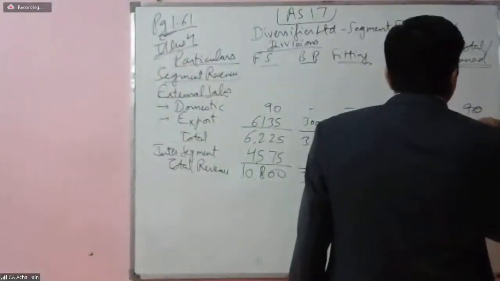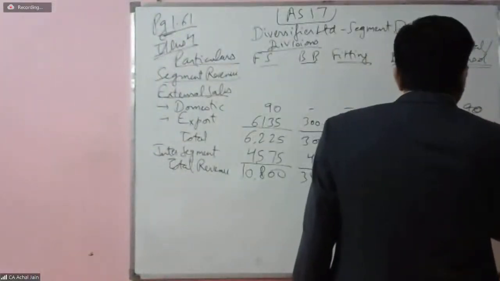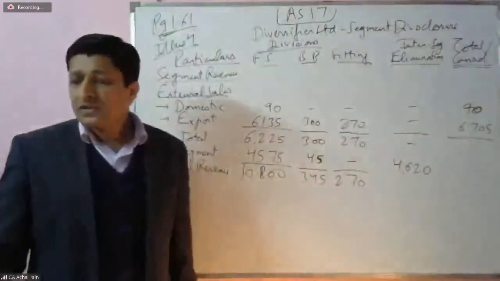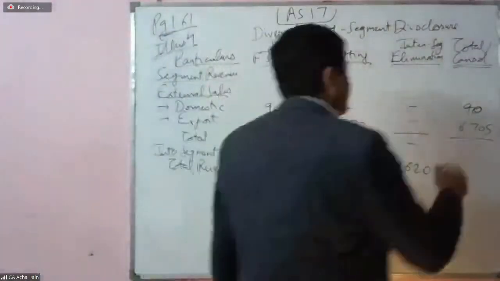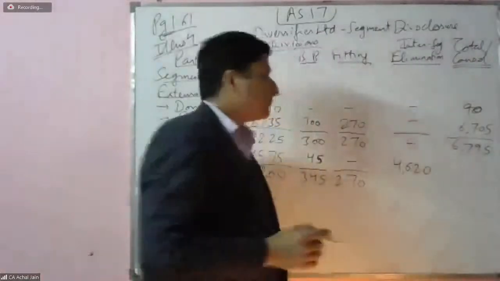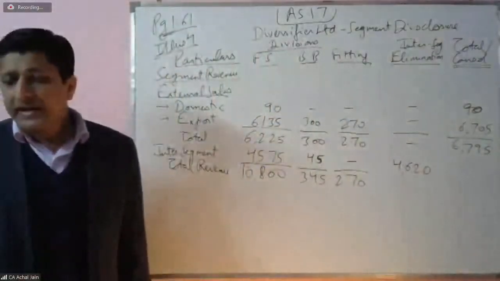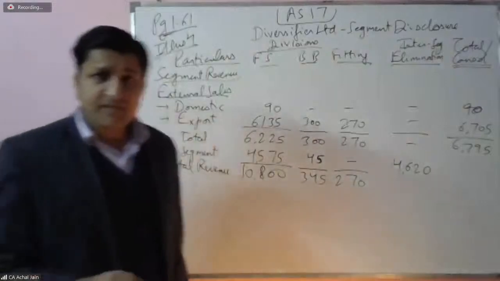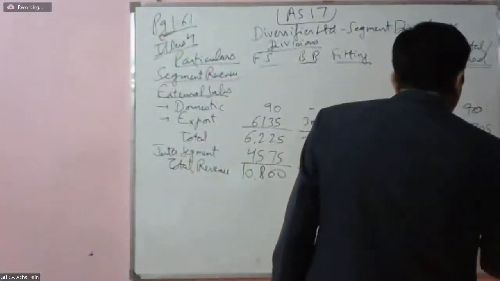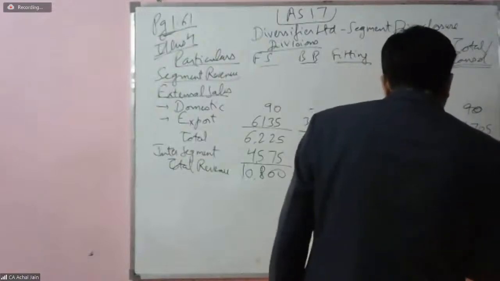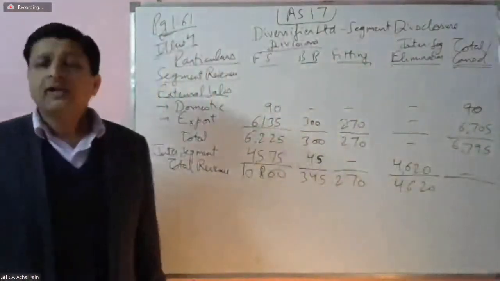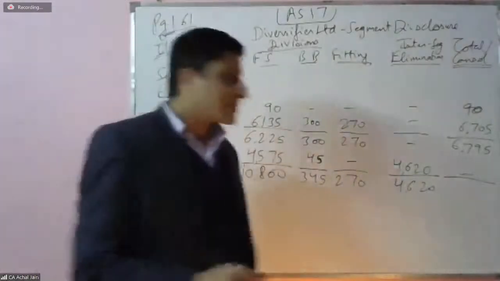This is 90. This becomes 6795. And in this case, after elimination, do we have anything? No. This should become 0. And this will become 4620. And after elimination, total revenue of the entity will be 6795.